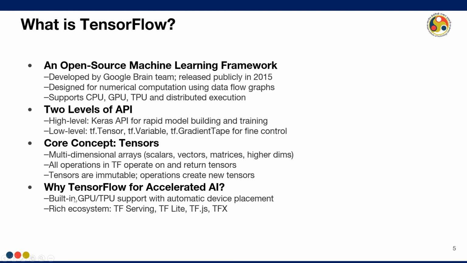Deployment is also part of the TensorFlow framework, because this gives you an end-to-end deployment framework, right? All this built-in support and rich ecosystem makes TensorFlow a complete framework. So most production environments in organizations nowadays use TensorFlow for their production-grade AI deployments.